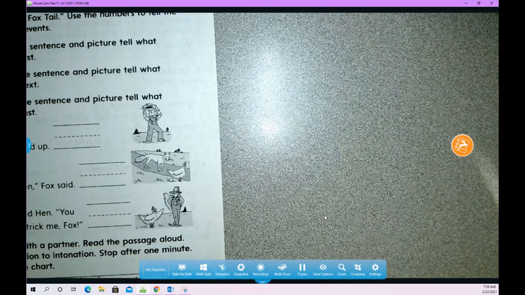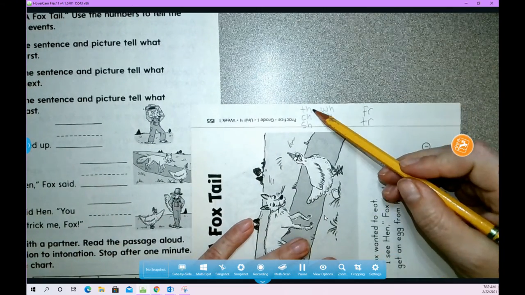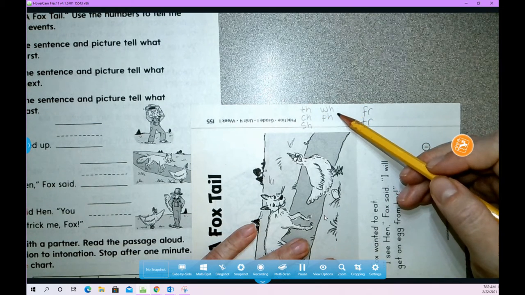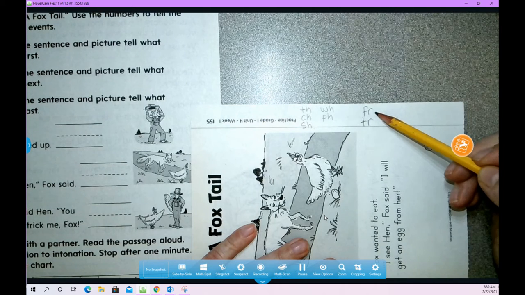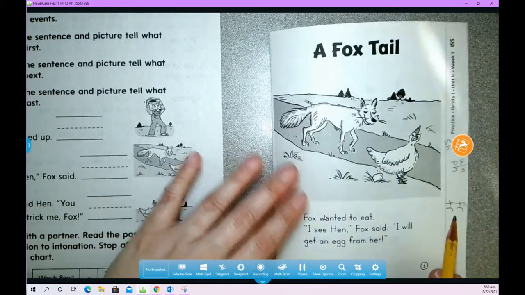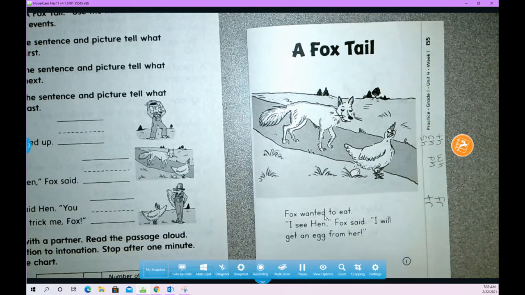There was one more. I believe those are it. Okay, so see if you find any words with a th, ch, sh, w, f, or fur and tur blends. Okay, if you find these, I want you to mark them with yellow.